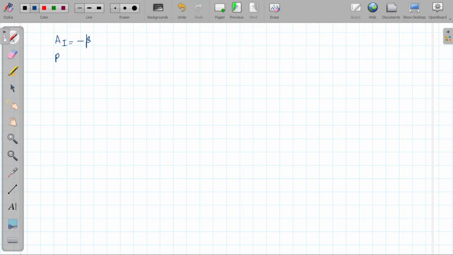If you find the input resistance, it will be R pi plus 1 plus beta into RE.